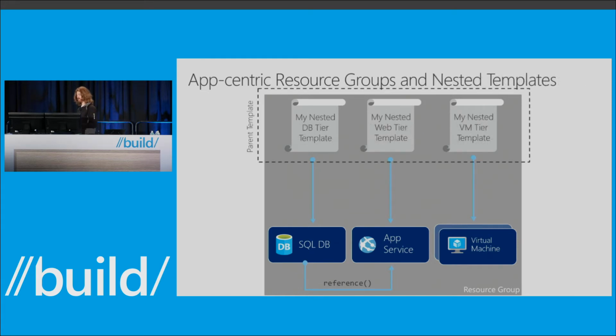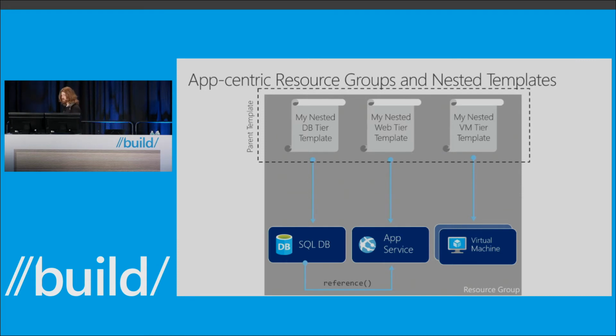Now, there's a variation on this theme where we wrap each of those three templates into a parent template, and we do nested deployments, like we did a moment ago in our example, okay? And this is where we actually foresee most complex applications, or most applications that can be deployed in a multitude of different ways. We view this as kind of the way that they will be modeled, okay?